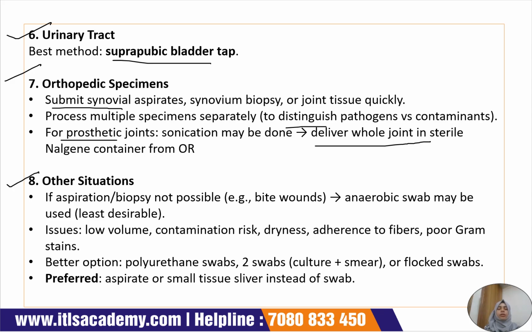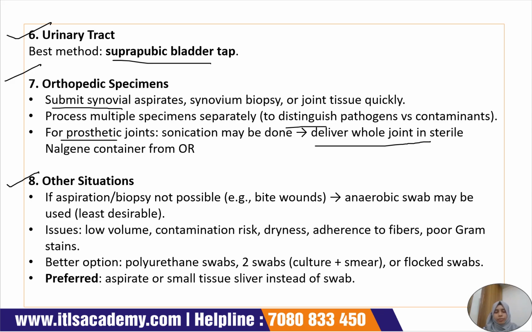The last one is other situations. If aspiration or biopsy is not possible, for example with animal bite wounds, anaerobic swabs must be used, though they are generally not desirable. We have already discussed the issues: low volume, contamination risk, dryness, adherence to fibers, or poor gram stains.